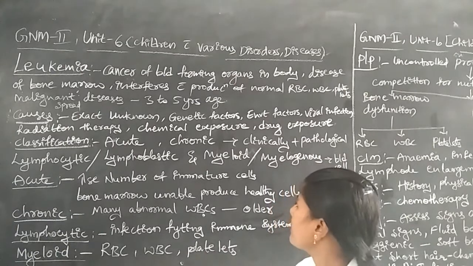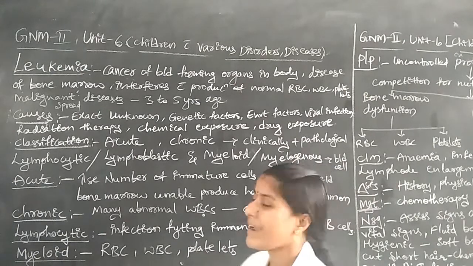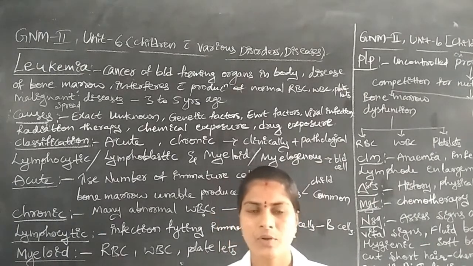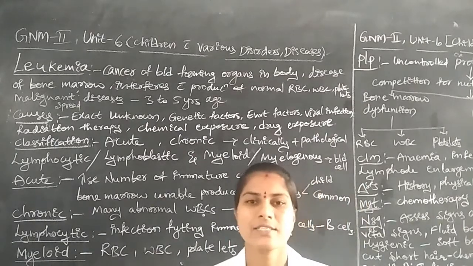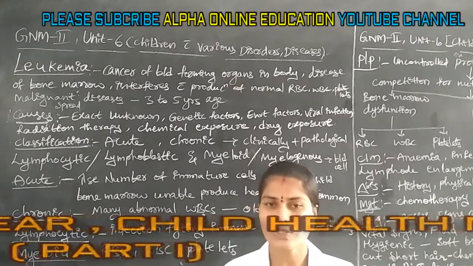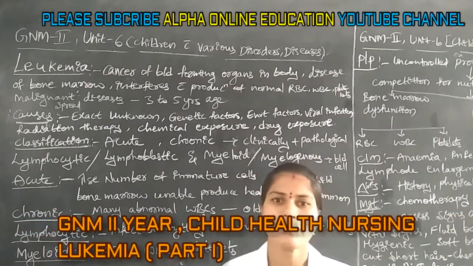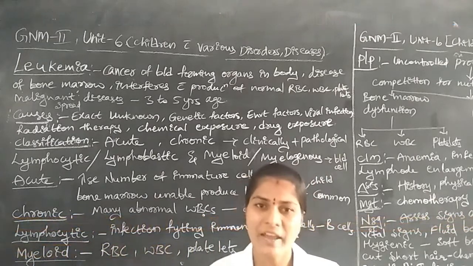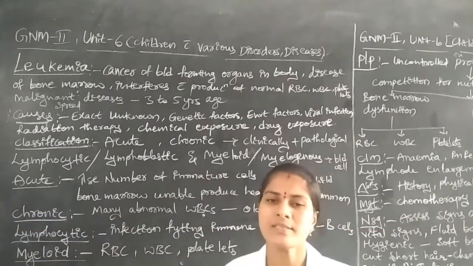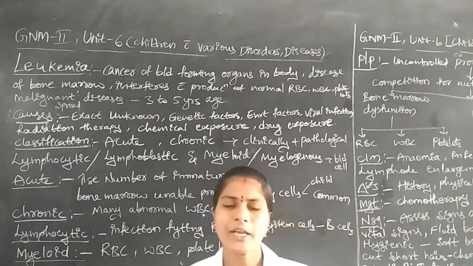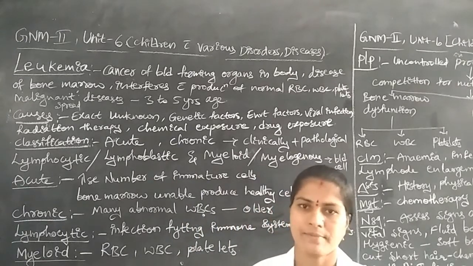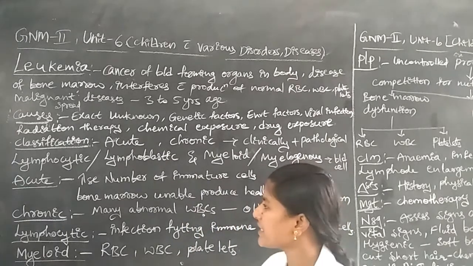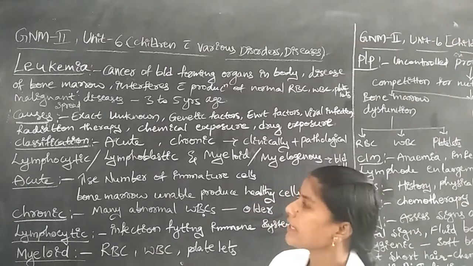The other one is myeloid or myelogenous leukemia. These are the two types divided depending upon which cells, B lymphocytes or T lymphocytes or platelets, may be affected by this leukemia disease condition. These are the classifications regarding leukemia.